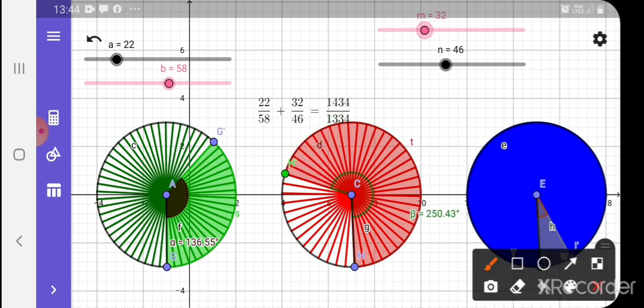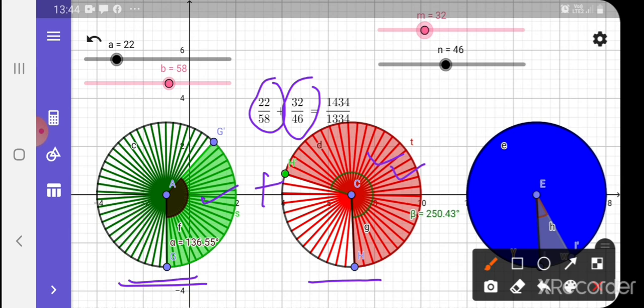Now you see first this part is represented by 22 by 58 plus this part is represented by 32 by 46. So this circle is divided into 46 sectors and we choose as a numerator 32 parts, or shaded is 32 parts. In the first fraction similarly this circle is divided into 58 parts and we choose 22 parts.